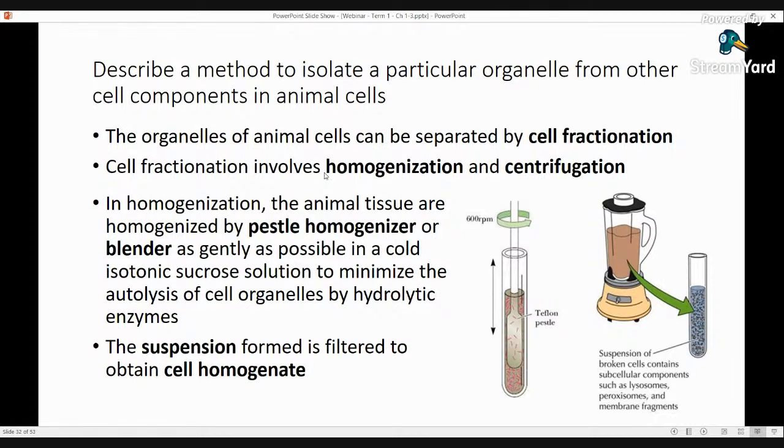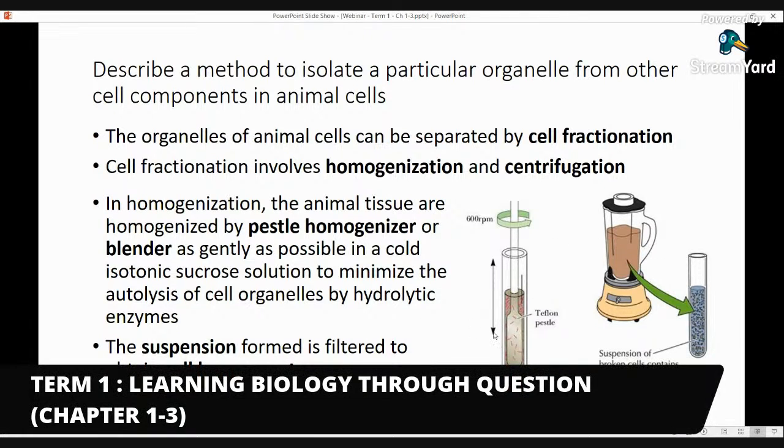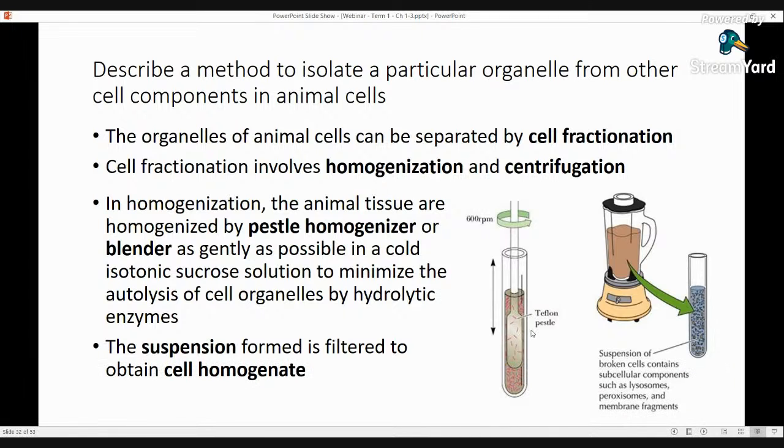Cell fractionation involves homogenization and centrifugation. In homogenization, the animal tissue is homogenized by a Potter homogenizer or by using a blender, as cold as possible, in a cold isotonic sucrose solution. You must mention isotonic sucrose solution.